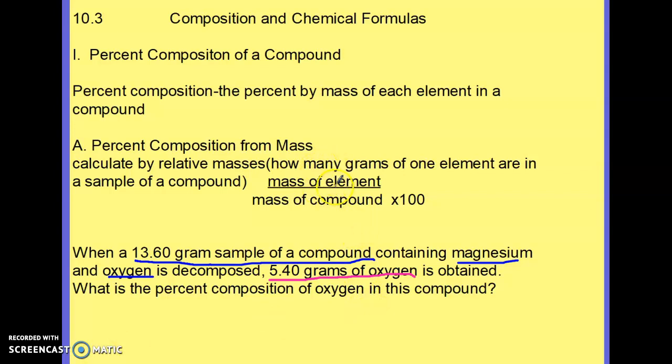All right, and up here it says the percent composition from mass is the percent mass of the element. So in this case that would be the oxygen, right? Divided by the mass of the entire compound.